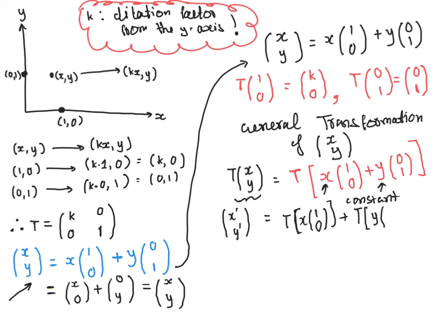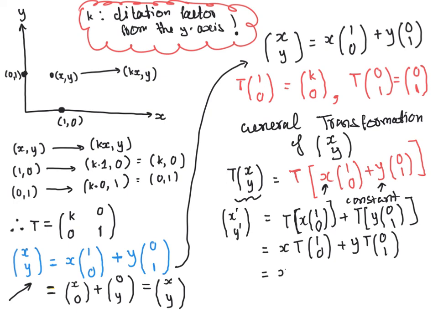And since x and y are constants, we get x times T of 1, 0 plus y times T of 0, 1. We know T of 1, 0 is equal to k 0, and T of 0, 1 is equal to 0, 1, it doesn't change.